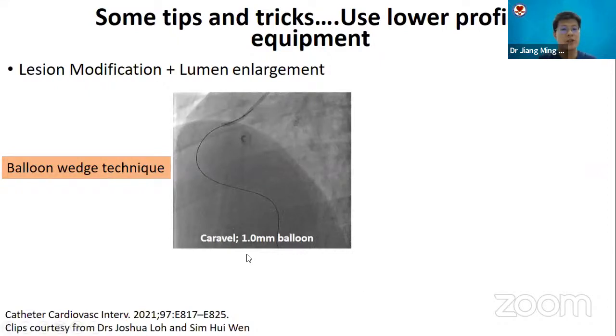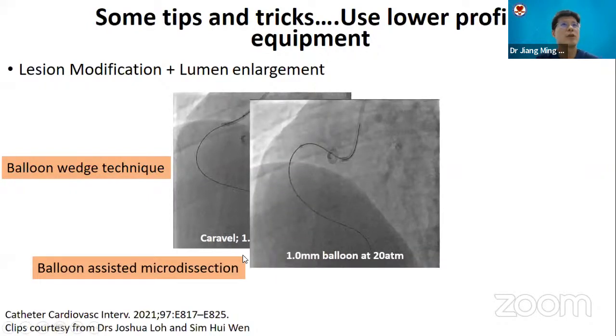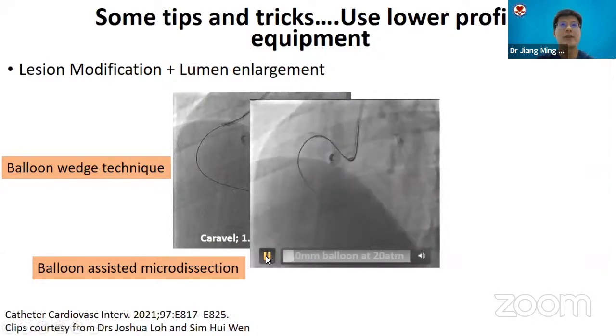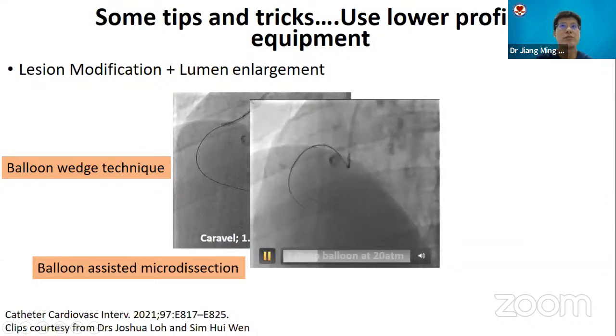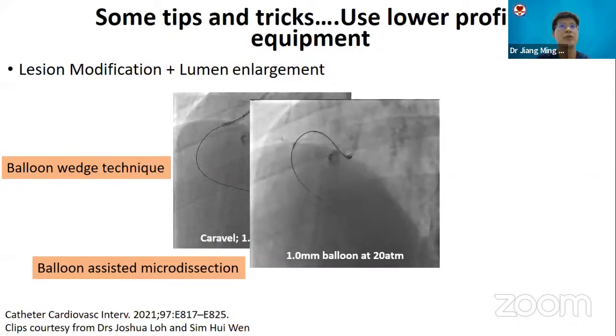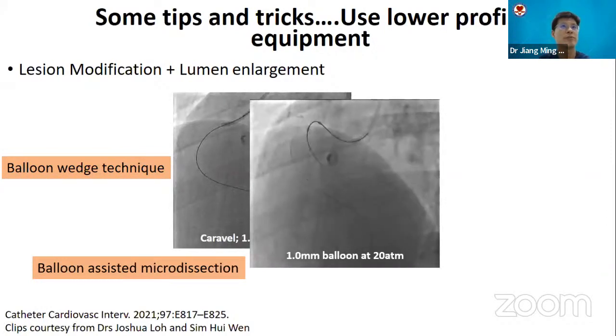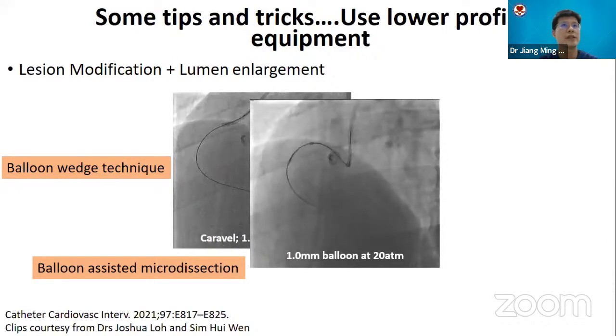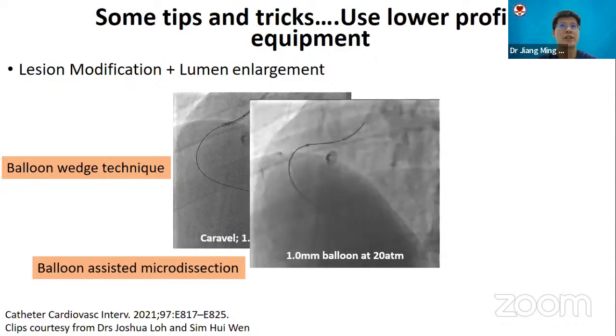Sometimes operators use a technique called balloon-assisted microdissection, and this involves advancing the balloon tightly against the lesion and intentionally rupturing it adjacent to the lesion, which can create microdissections around or into the lesion. There is a small risk of staining or perforation with this technique, and this is an illustration of this technique, also known as Grenadoplasty, as shown here, to cross this balloon uncrossable lesion in an RCA.